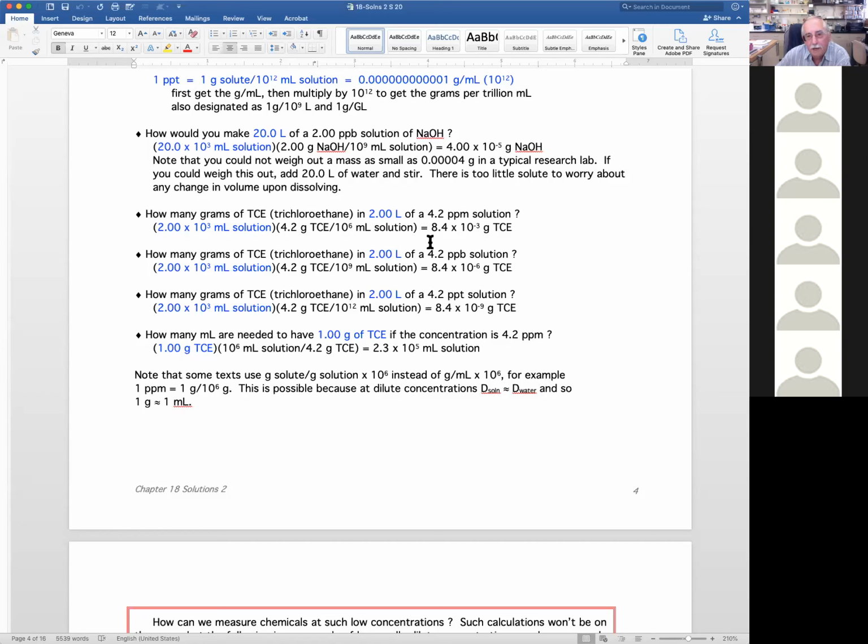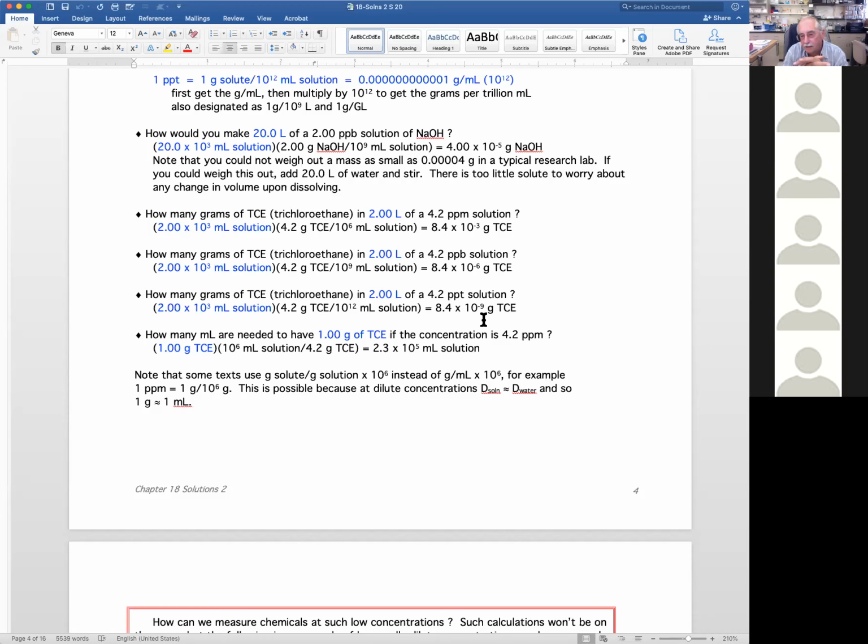What if I'm talking about parts per billion? Notice that this is a factor of 1,000 times less. Parts per trillion is another 1,000 times smaller. So these concentrations are used often in chemicals that are found in the environment as pollutants.